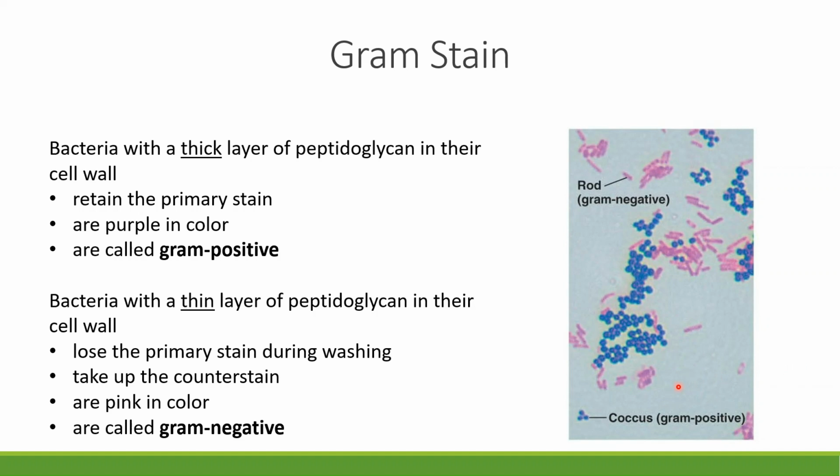That's because the alcohol more easily penetrates into the organism and that stain is more easily released. And so, using this method, we can tell the difference between Gram-positive and Gram-negative organisms, making it very easy to broadly categorize these organisms.